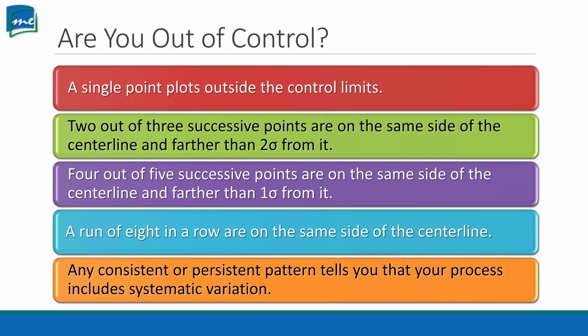Or we work so hard to try to eliminate it, but we just can't. So sometimes we just have to go with it. But there's also something called random variation, where we can do everything we can, it just doesn't work. We can't fix it. So you need to understand what you're looking at and how to analyze it.